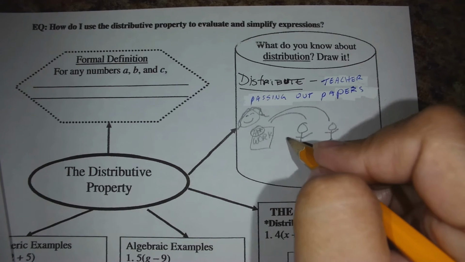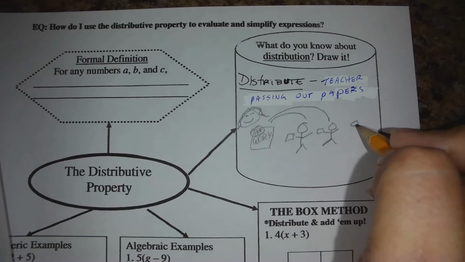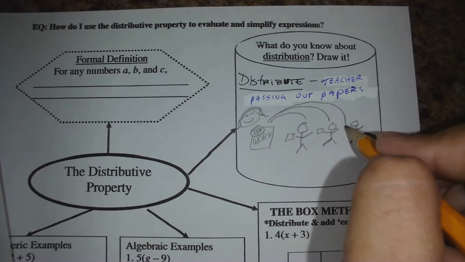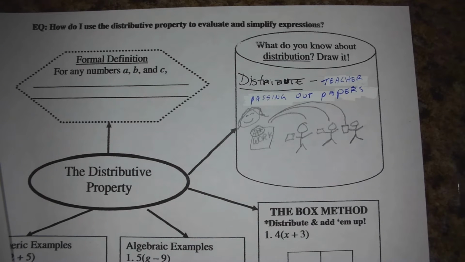Everybody would get one. Paper, paper. And we'll just draw another person just for good measure. And paper. So at this point, everybody's gotten a paper with an A+.